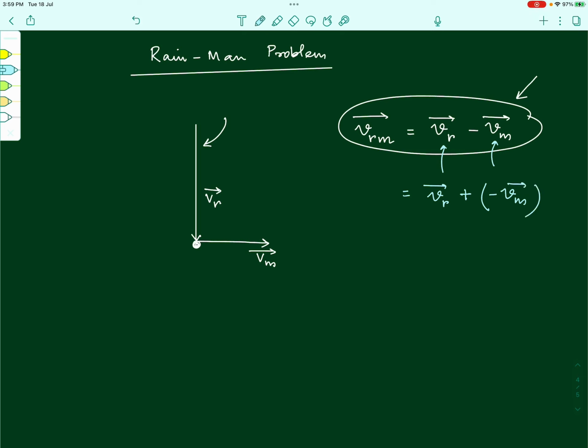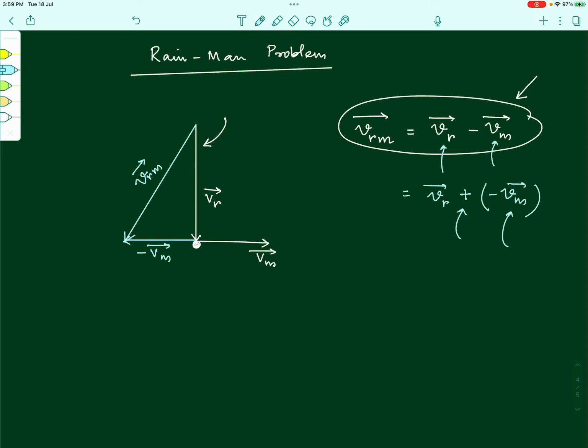In the same figure, the velocity of the rain is vertically down, whereas the negative velocity of the man we can draw just opposite to the velocity of the man. This is the vector minus Vm. Now we add velocity of the rain with negative of velocity of man, and using the triangular law of vector addition, the resultant comes out like this. This is the direction in which the man will see the rain falling with respect to him.